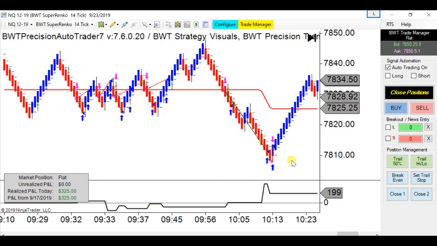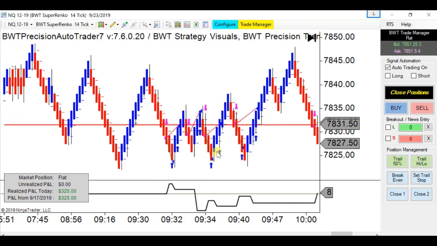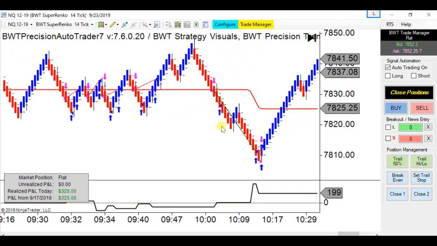Unfortunately, I wasn't home when it tried to take a short into that 78.10 zone. But as I always say, the auto trader is a great tool, but it's not here to replace me. If I was home, I would not allow it to take a short into this area. But regardless, just the fact that under very choppy conditions, it kept losses to a minimum. And then when opportunity presented itself, it was able to make everything back.